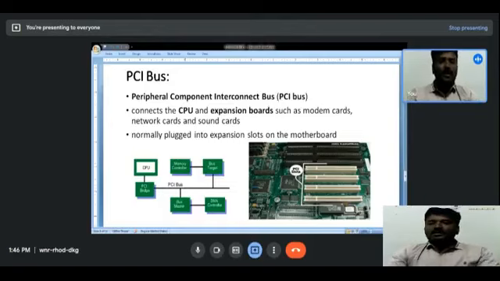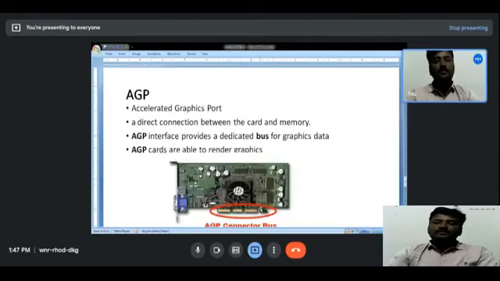In the diagram you can see four different white colored strips. These are the components wherein you can plug in or plug out the PCI buses. So this is nothing but the PCI bus slots.